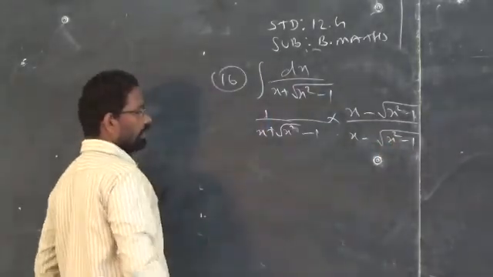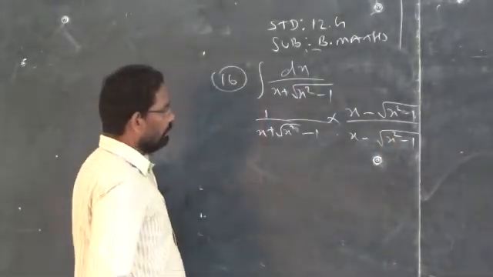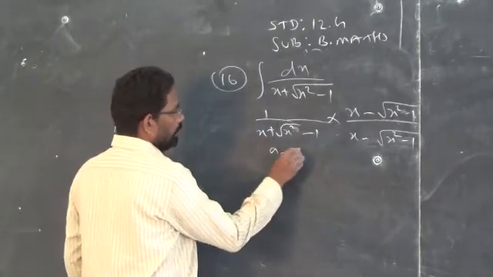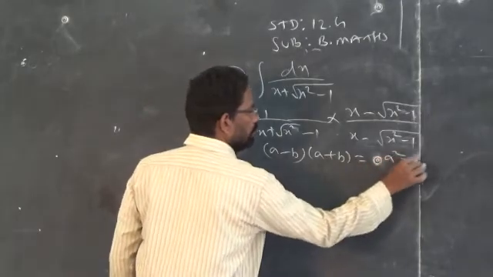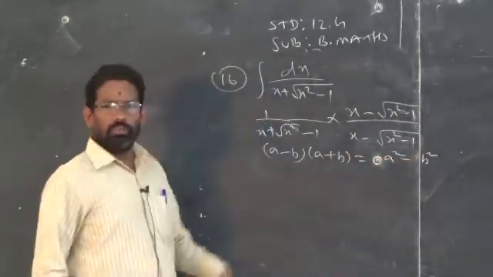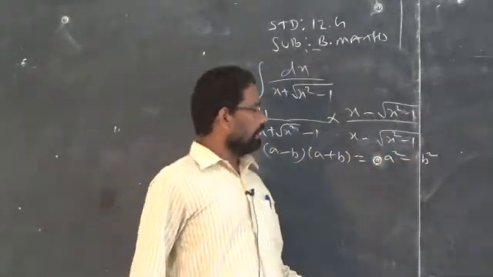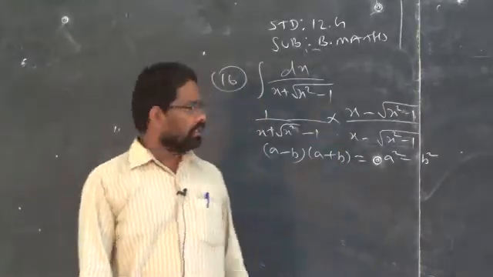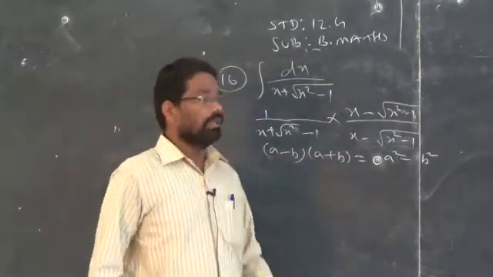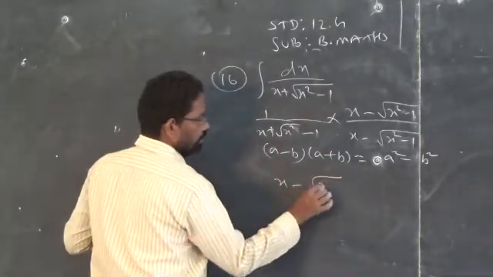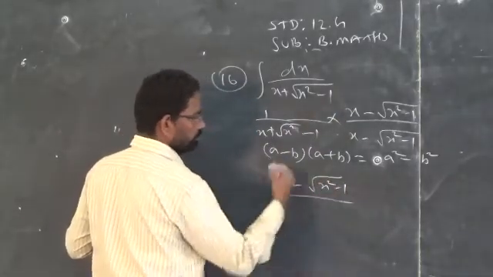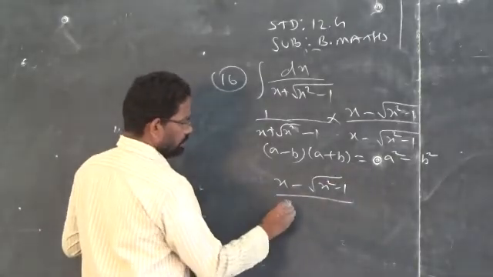Once you go for rationalizing, the denominator is always in terms of (a minus b) into (a plus b), which will be a square minus b square. When you go for rationalizing the denominator, your answer in the denominator is always in the form of a square minus b square. Ensure that. Then 1 into the numerator, it becomes a square.